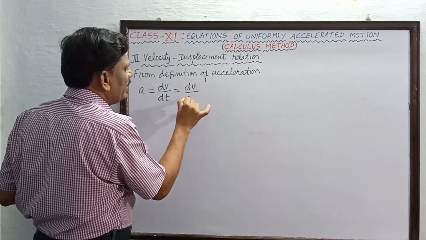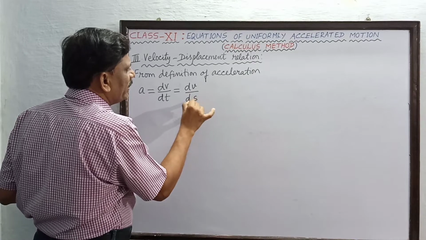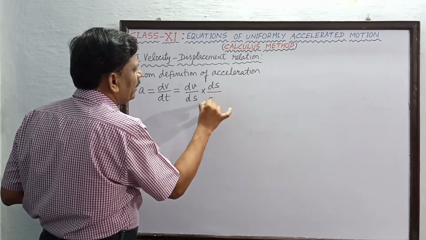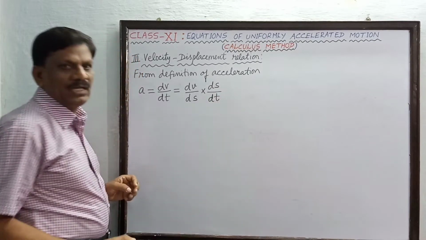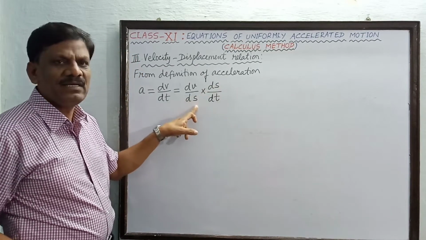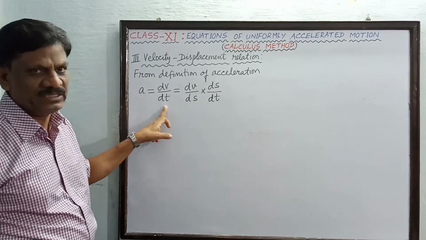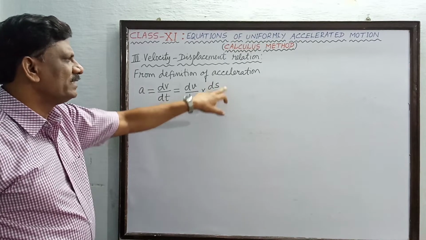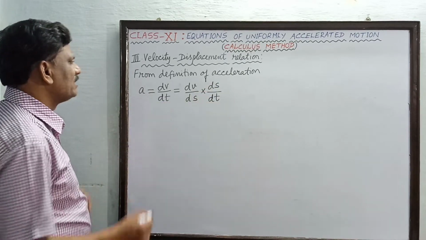So this is a equal to dv by ds into ds divided by dt. Okay, I have multiplied by ds and divided by ds so that the value does not change. So this ds by dt is rate of change of displacement, that is equal to velocity.